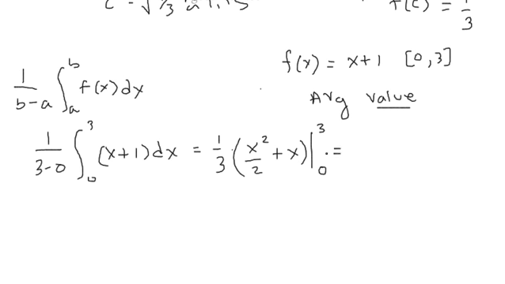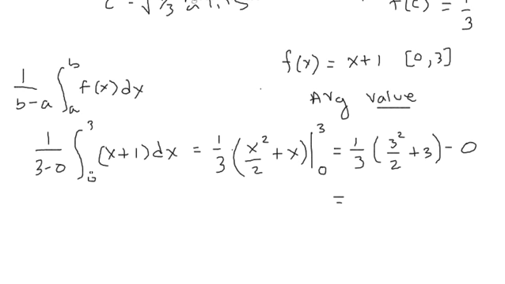I don't think I'm going to actually work all this out, but 1/3 times, plugging 3 in, you get 3 squared over 2 plus 3, minus, and if we plug 0 in, you get 0, so all that just becomes 0. And I'll let you actually work out the arithmetic.